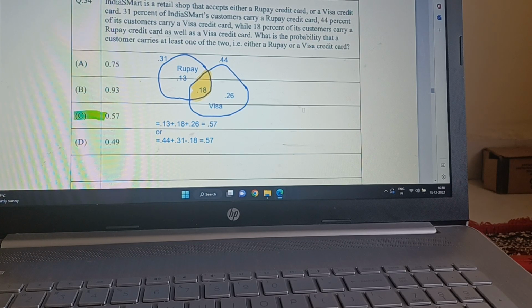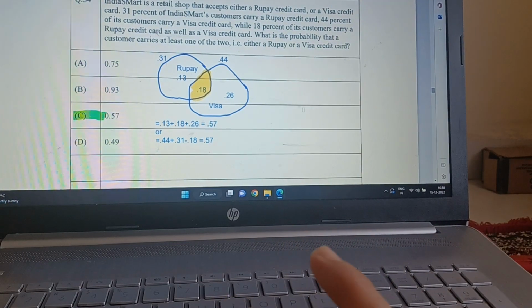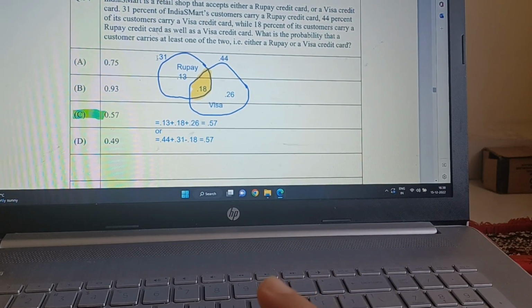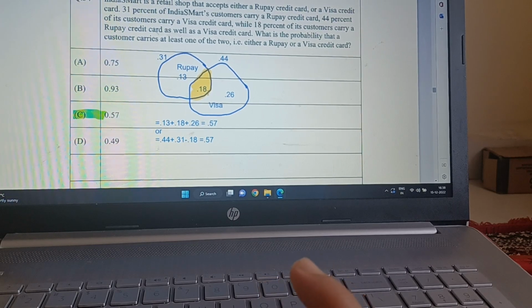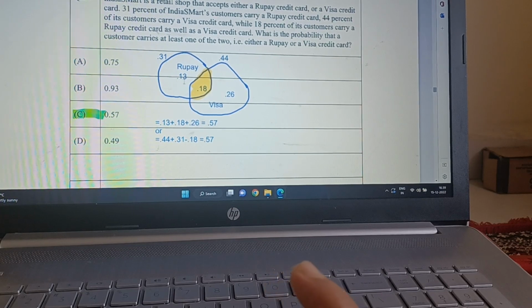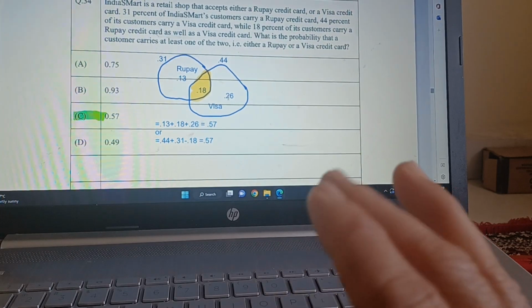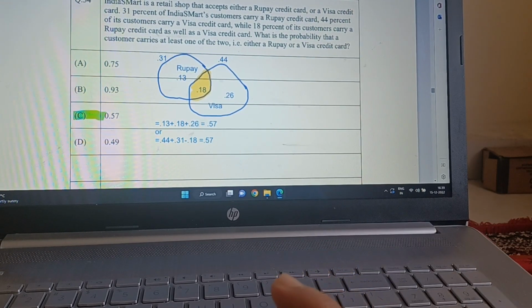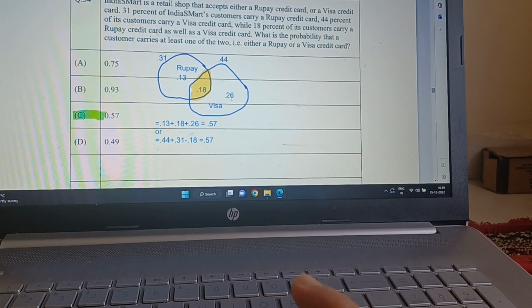The other method is, how many people have only Rupee? So that becomes 0.31 minus 0.18 is equal to 0.13, or 13% of people carry only Rupee. Then what percentage of people carry only Visa? So we calculate 0.44 minus 0.18, which is 26%.